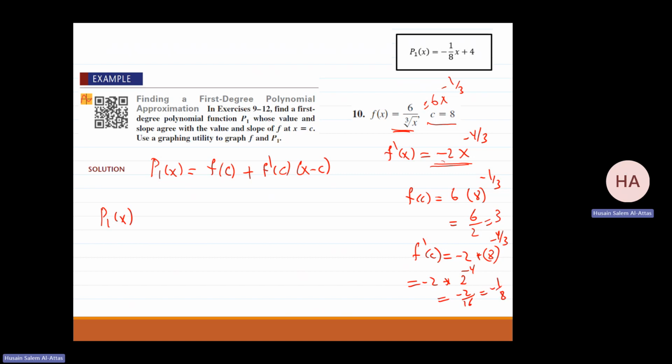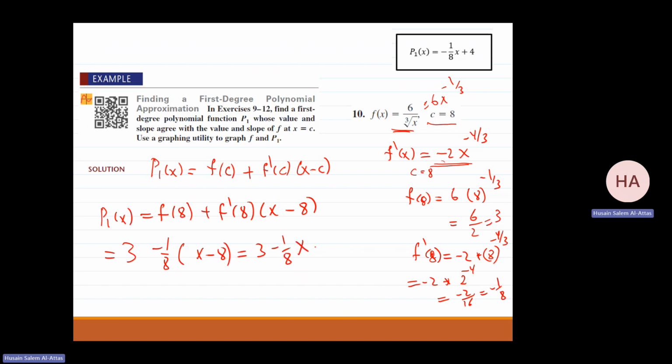Okay, so this is f prime at c, where c equals 8, sorry. That will be at 8. So P1 of x will be f at 8 plus f prime at 8, x minus 8. Yeah, let us put the numbers. f at 8 is 3. f prime at 8 is minus 1 over 8 times x minus 8. That will be 3 minus 1 over 8 x plus 1, which is 4 minus 1 over 8 x.